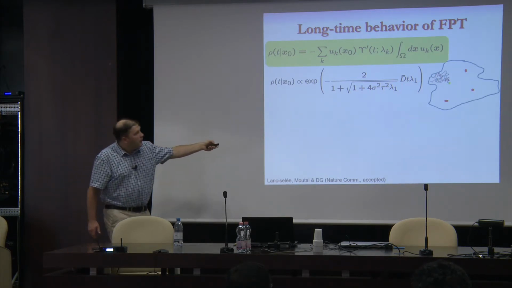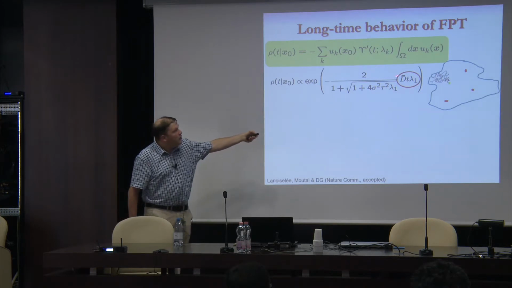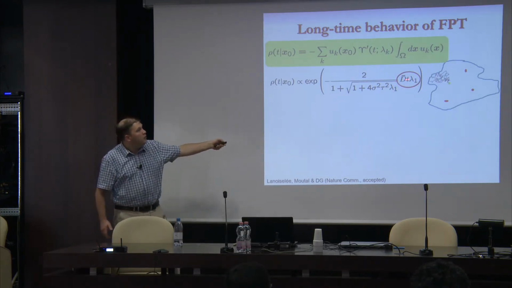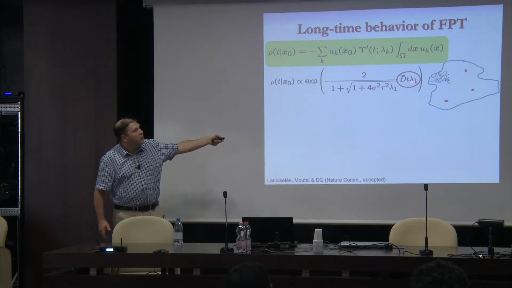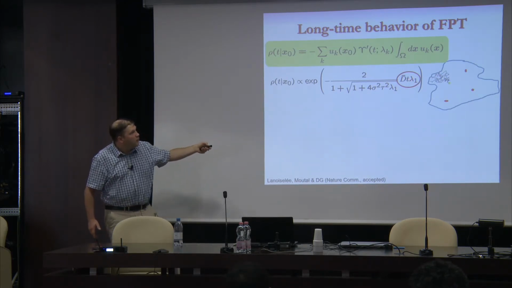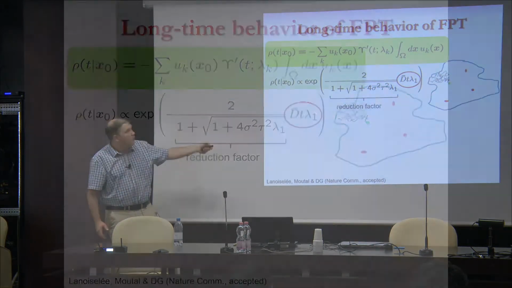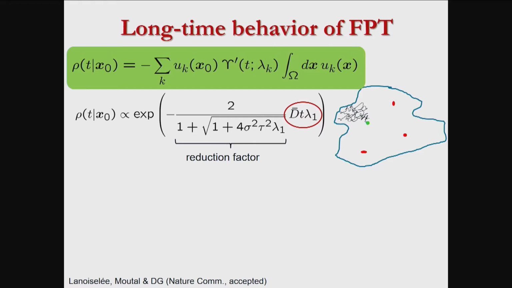So what you can see, you can recover again the terms that you would expect just for homogeneous diffusion, the mean diffusivity and the smallest eigenvalue. But this factor is corrected by some reduction factor. So it's reduced by some coefficient. And what do we see in this coefficient? Essentially it depends on these parameters.